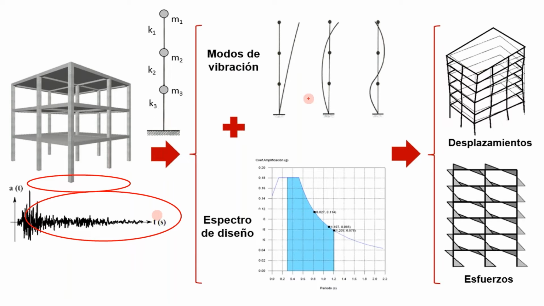Then we go back to the design spectrum that we have here, with the periods and the accelerations, and we also consider the type of soil. This is part of the information that we are getting, and then we have to find the vibration of the structure.